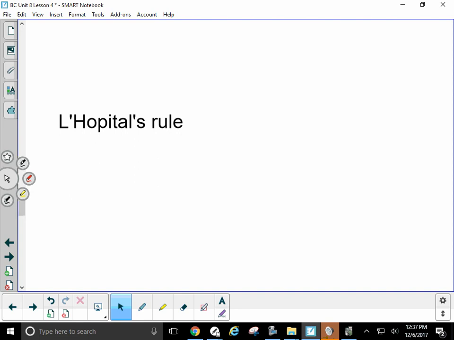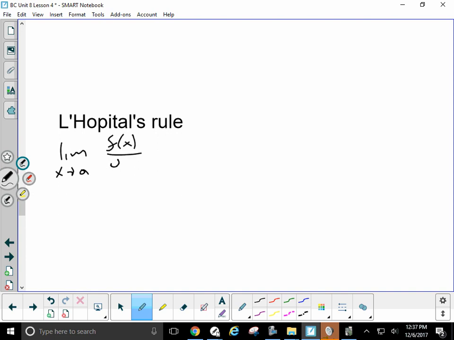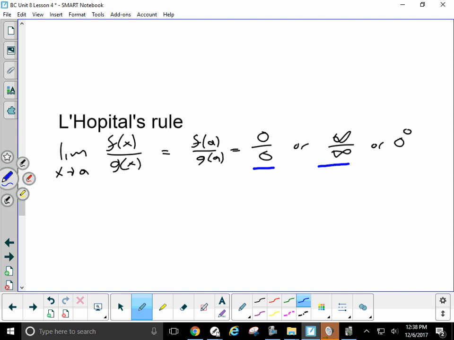Okay? So L'Hopital said, hey, you're trying to find a limit as x approaches a number or infinity of some quotient of things, and you get that f of a over g of a is equal to 0 over 0, or infinity over infinity, or 0 to the 0, or a bunch of other different forms, but really we're just going to stick with these two.